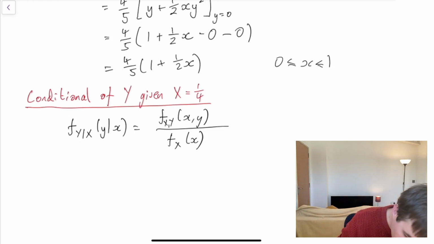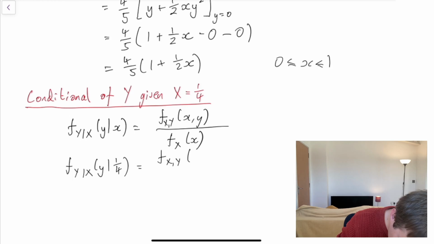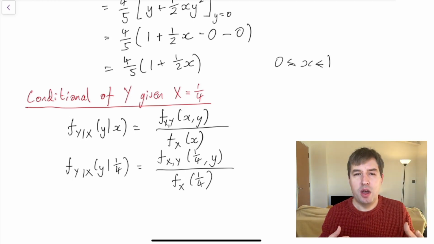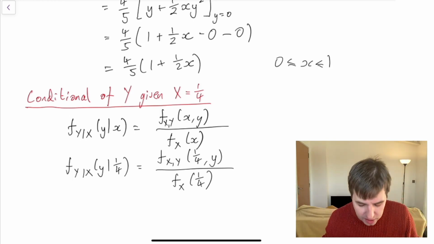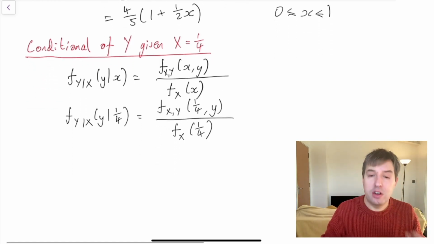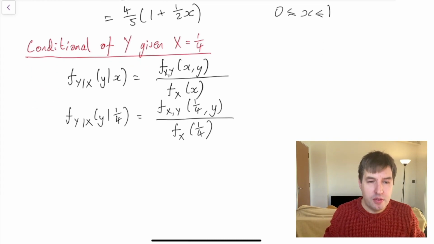So here we specifically want f y given x of y given x is a quarter. So that's going to be f xy of 1/4, y divided by f x of 1/4, because we're conditioning on little x being a quarter here. So let's look at the top and the bottom of that fraction.